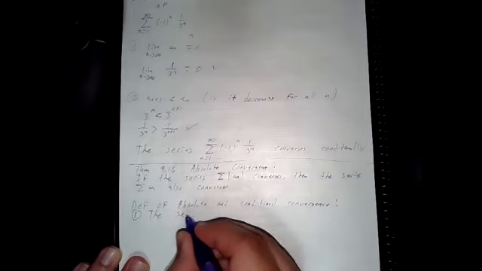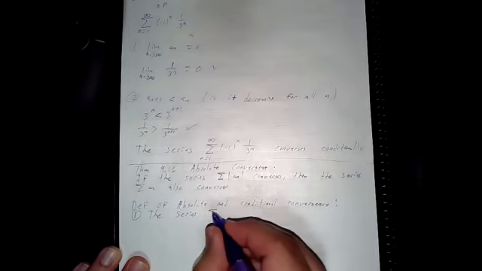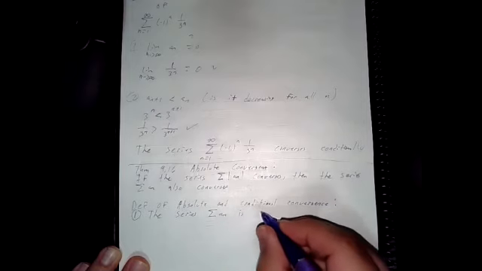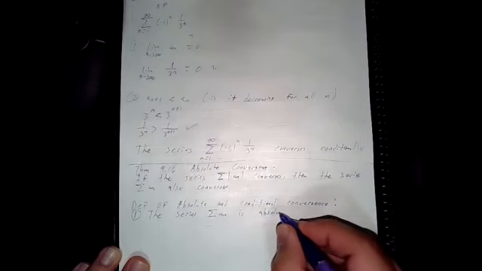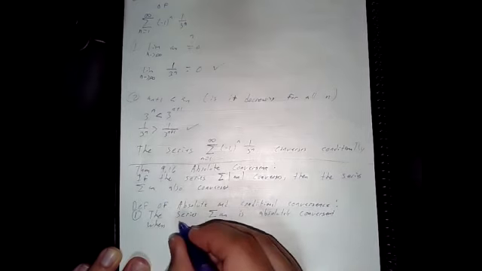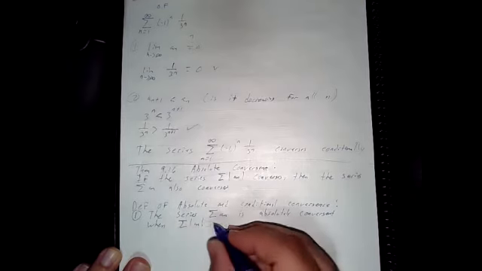The series of a sub n is absolutely convergent when the series of the absolute value of a sub n converges.